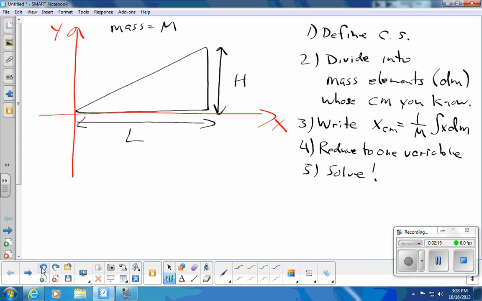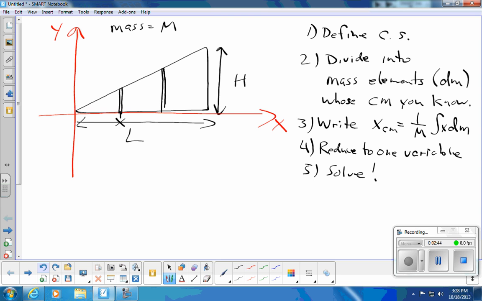Okay. In this case, the logical way to do this is to cut this into tiny pieces, each of which has all of its mass exactly above one location on the x-axis. So there's an infinitely thin slice of doorstop, and all of its mass is at one particular value of x on the x-axis. Here's another one up here.